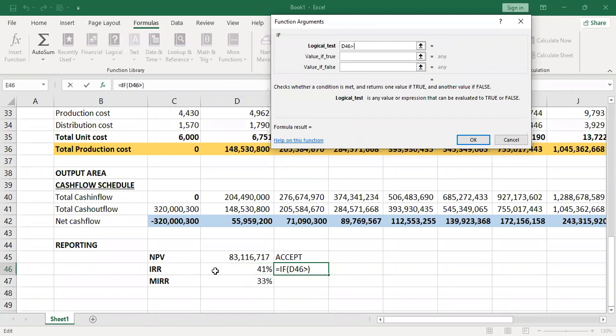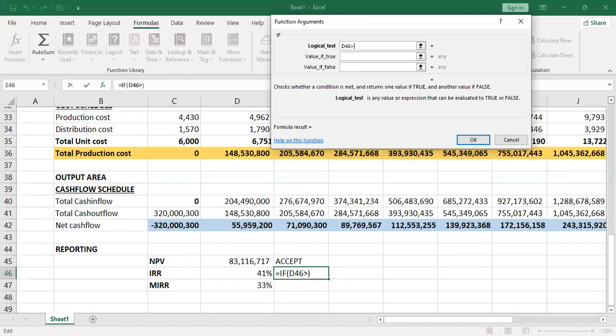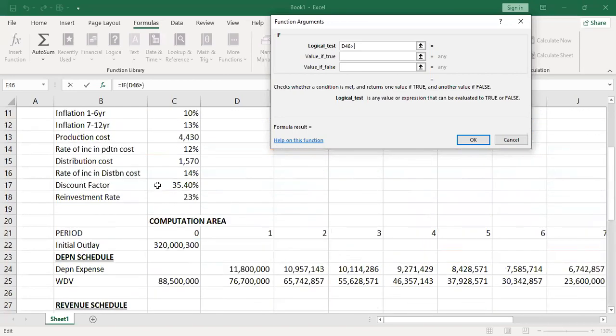After typing greater than, go and click on the discount factor.